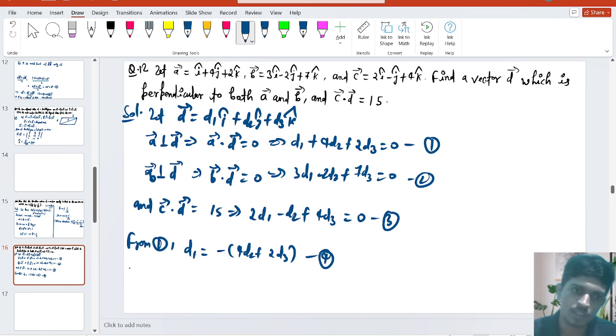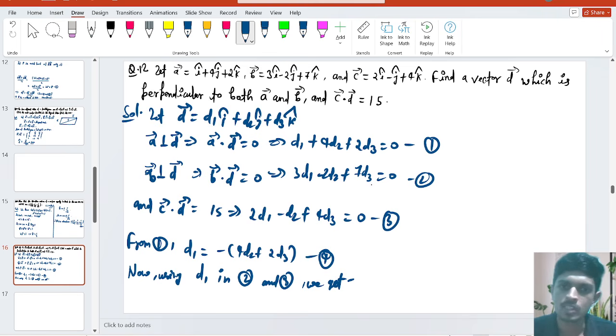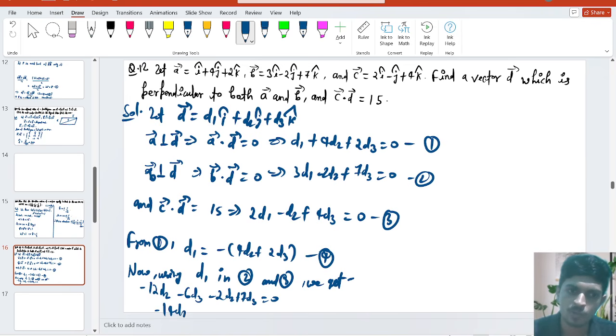Now using D1 in equations 2 and 3, we get minus 3 times D1, which gives minus 12 D2 and minus 6 D3, and then minus 2 D2 and plus 7 D3 equals 0. Simplifying, minus 12 D2 and minus 2 D2 is minus 14 D2, and minus 6 D3 plus 7 D3 is plus D3. This is equal to 0.